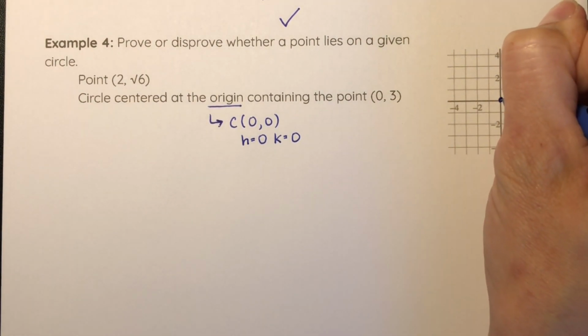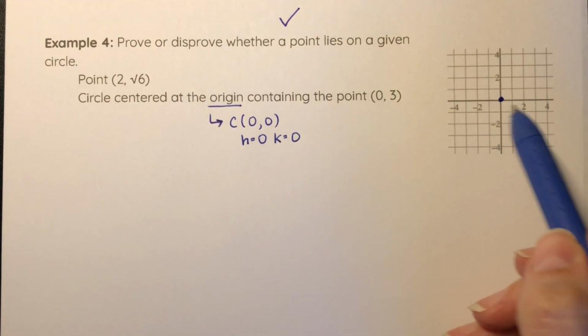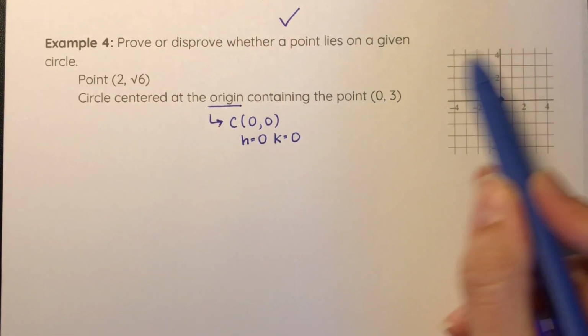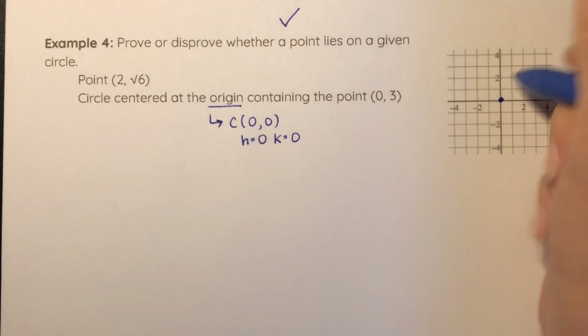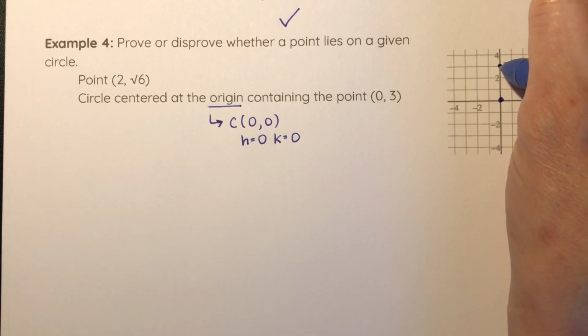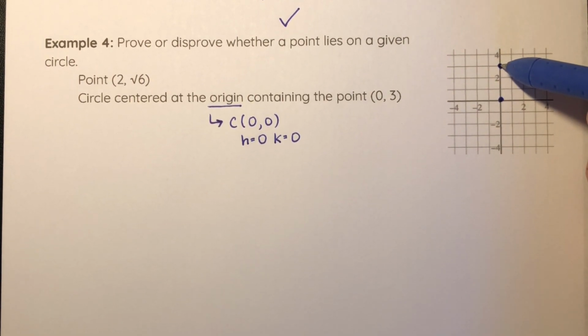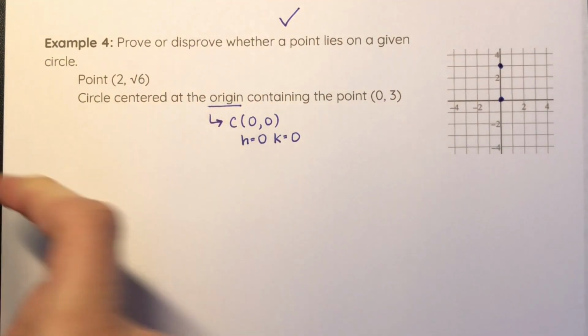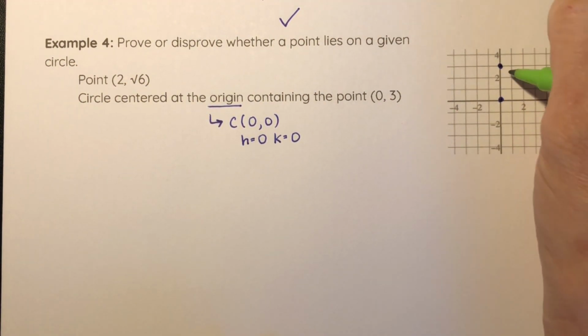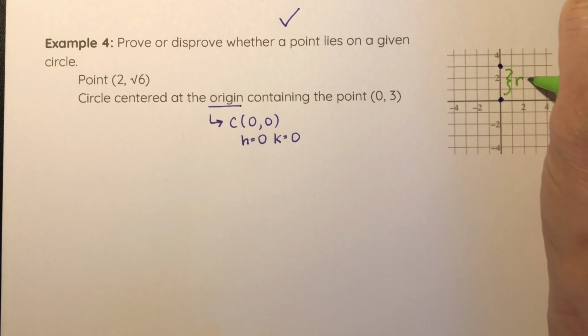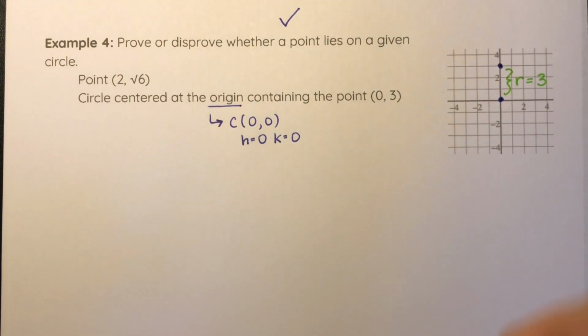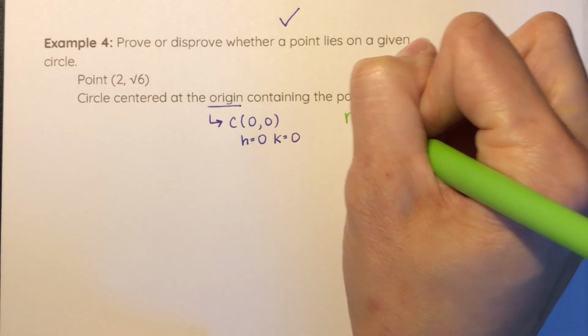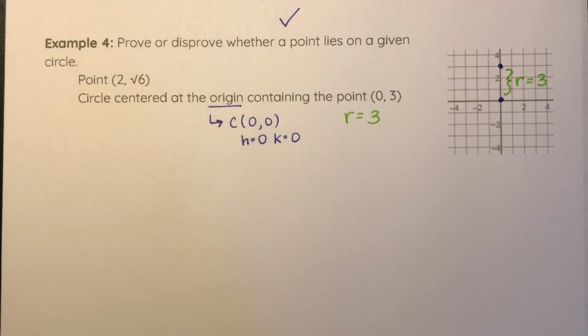So we're right here at the origin. And then I know that this circle also includes the point 0, 3. And again, since it's on the circle, I know that the distance between 0, 3 and my center will tell me my radius. And in this case, the radius will be 3 units. So r will equal 3.